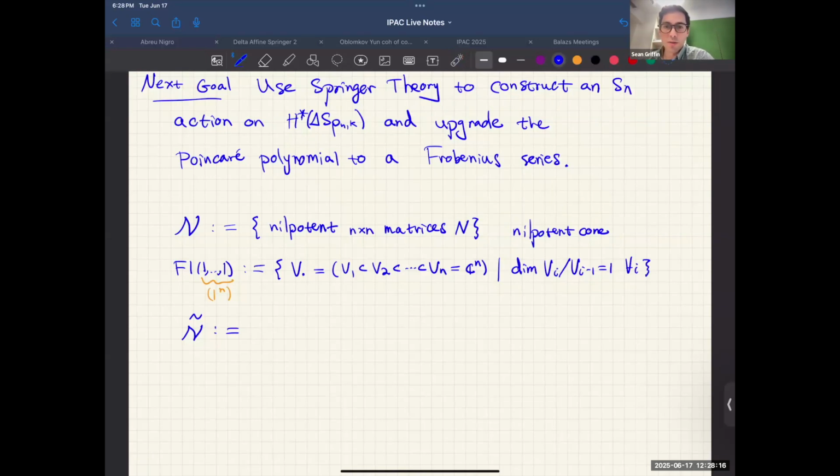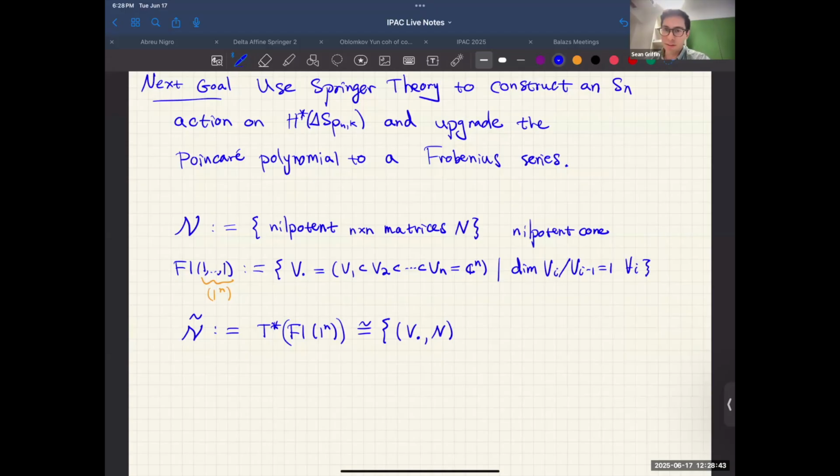So we will also need what's called the Springer resolution of the nilpotent cone. One way you can define it is as the cotangent bundle of the complete flag variety, but I like to think about it more concretely in terms of flags and nilpotents. So it turns out to be isomorphic to the following space of pairs.